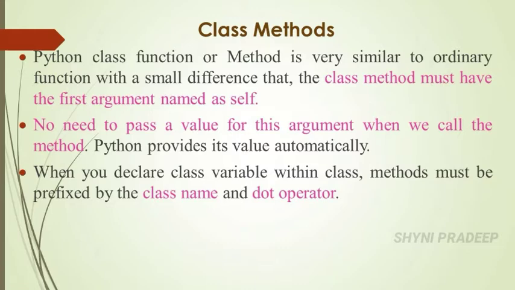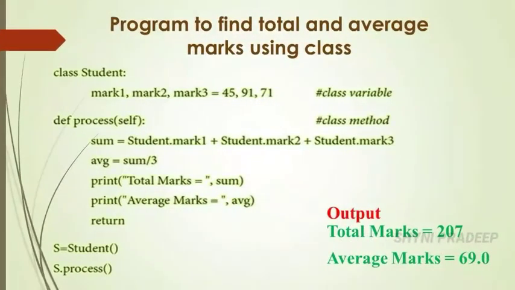Okay. Let us see one program. Program to find total and average marks using class. Here class name is student. This class is a keyword. 3 variables are given, mark 1, mark 2, mark 3. What are the marks? 45, 91, 71. Here process is the function, which means method. It is having self argument. Okay. Next colon.